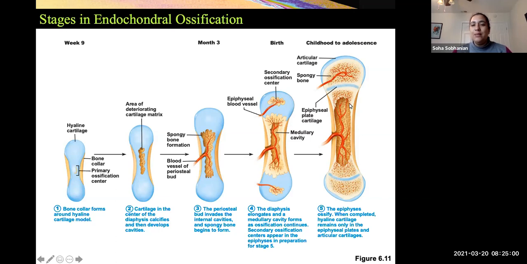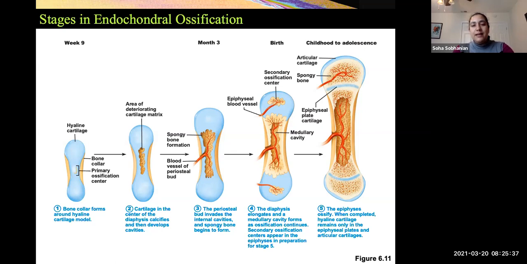And this is extremely important for the growth of the bone. This area is what allows a child to grow. After the child has undergone its growth, it changes to what we call an epiphyseal line. I'm going to make a quick note for you guys in your chat box, so please make sure you understand this. Epiphyseal plate is during childhood, but the epiphyseal line is the same structure.